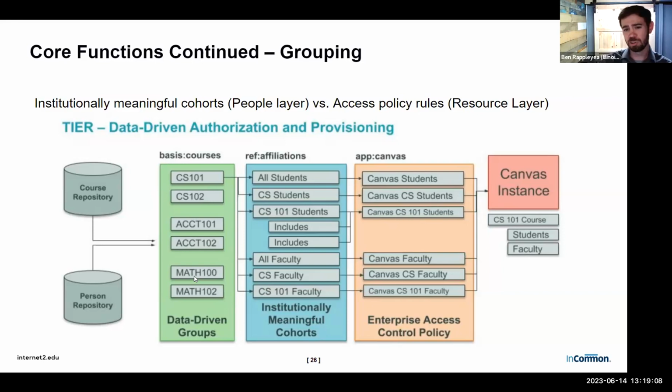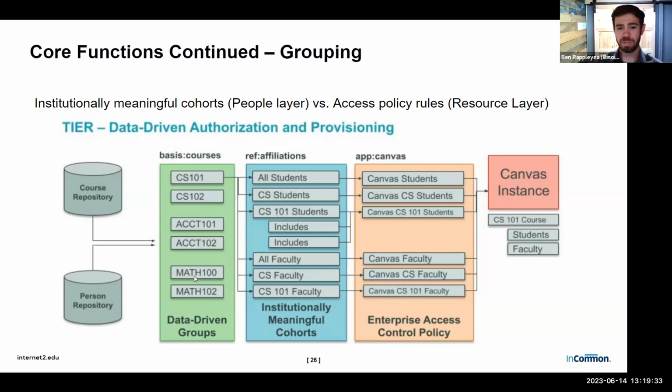And then institutionally meaningful cohorts or reference groups, and this is what I have in the diagram here, are going to be groups of subjects that are composed from the basis groups by refining the criteria of who is included. So we know that there are students, we know that there are classes, and a reference group could be students that are in a specific class.